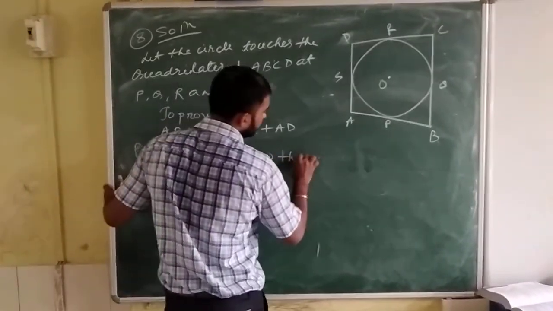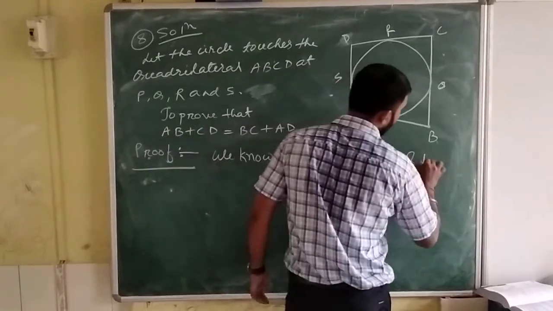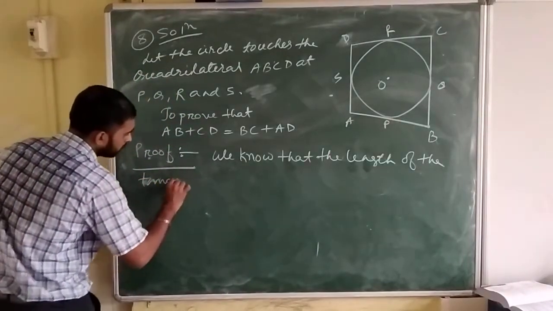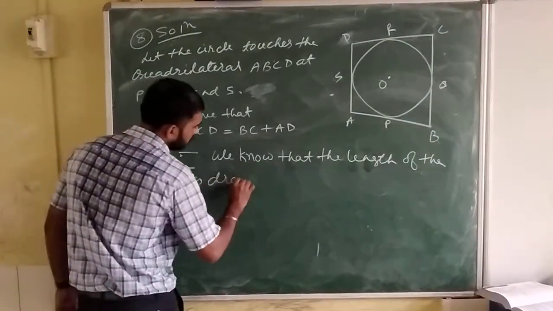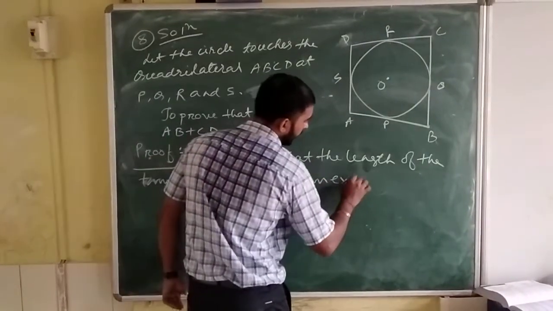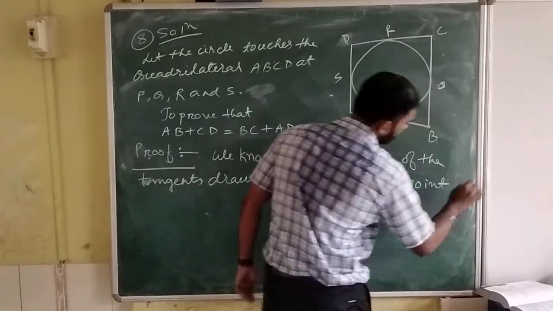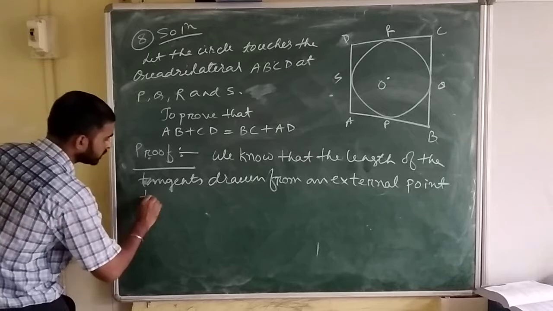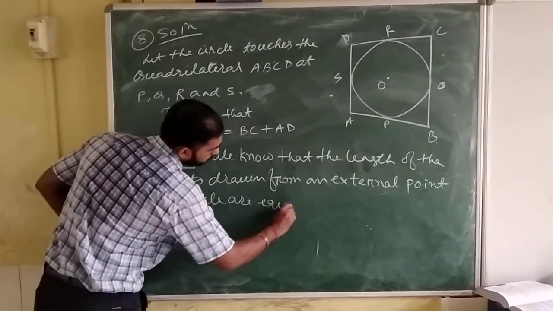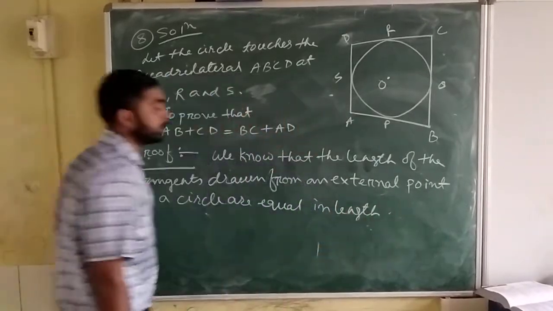We know that the lengths of tangents drawn from an external point to a circle are equal in length.